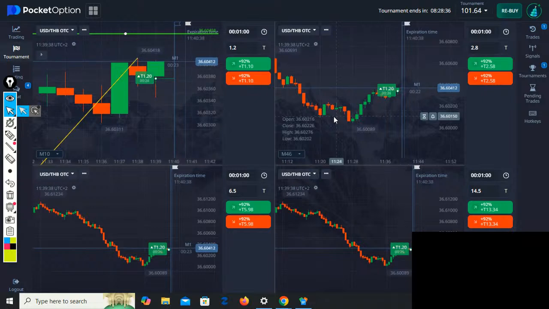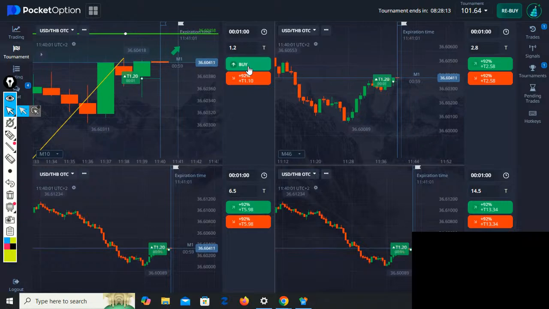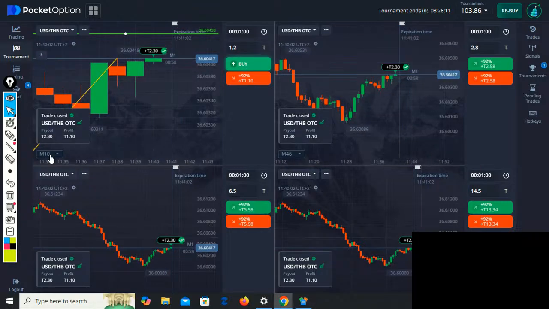So I cannot stress this enough. You have to stick to the rules that you put to yourself. Write those rules down and put the paper in front of you while you are trading, and stop when you have to stop, continue when you have to continue. That's a win. Go for the buy here.